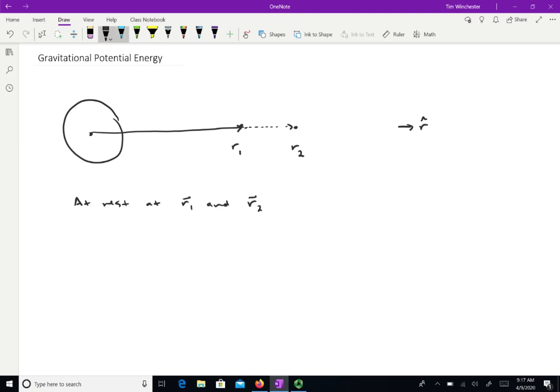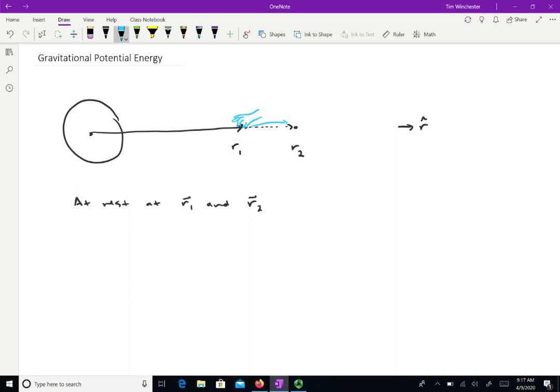So what I'm going to imagine is that I have some external agent, which I'm going to draw as a hand. Okay, so here's a hand. And the hand is going to pick up this little object and move it to a new position over here.